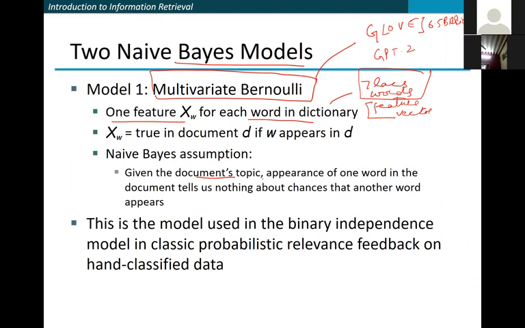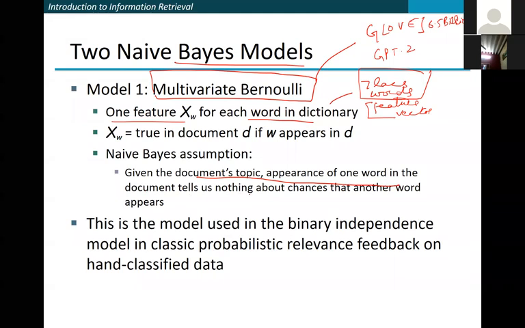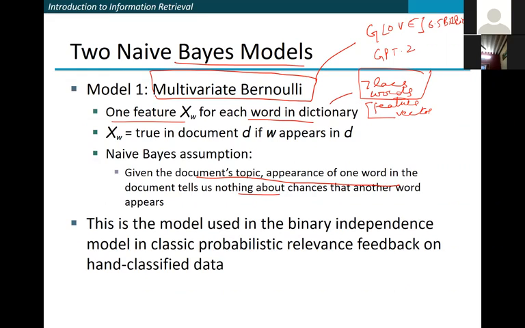Given a document's topic, the appearance of one word tells us nothing about whether another word appears. It is still a bag of words model, and we use the binary independence model because whether one word is present never tells about another word. It's just 1 or 0 values, so it is a very simple model to implement.